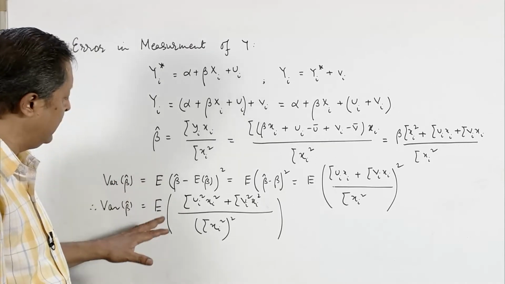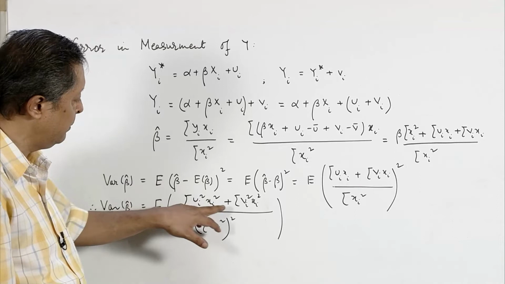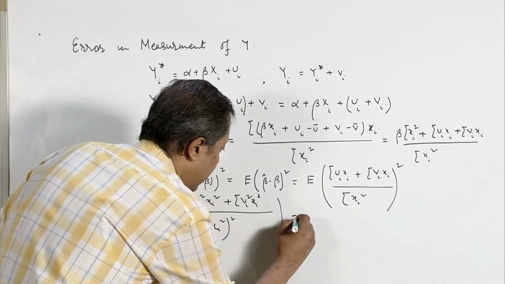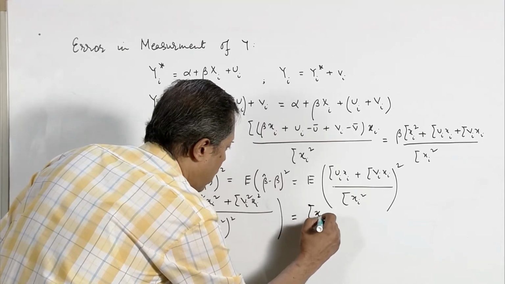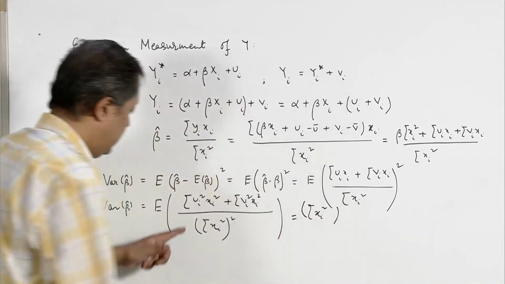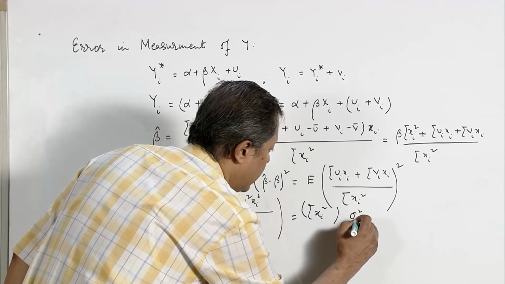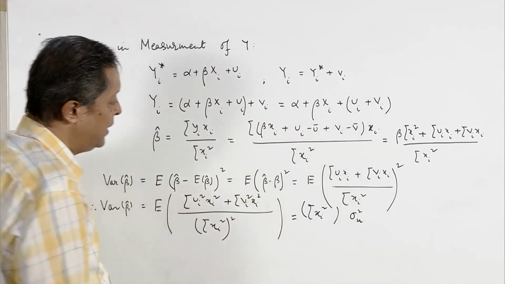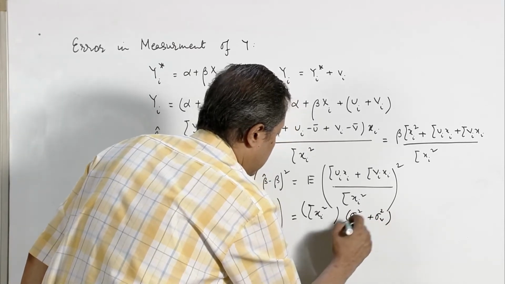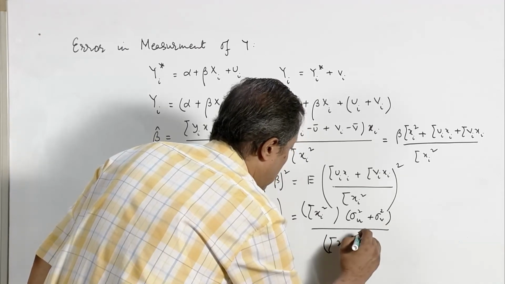So, bottom line is you can write this as expectation of summation ui square xi square plus summation vi square xi square, and that will give us, if you take summation xi square common, because expectation of ui square is equal to sigma square u and expectation of vi square is sigma square v, divided by summation xi square whole square.